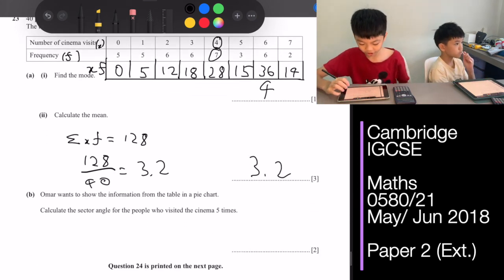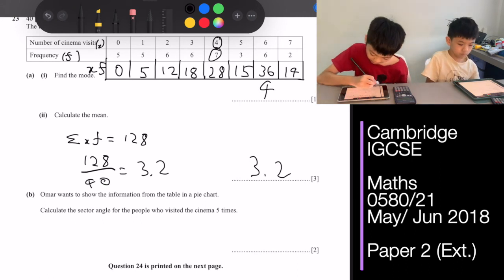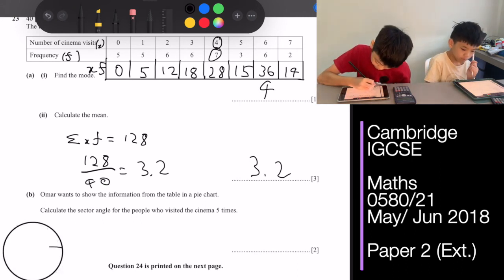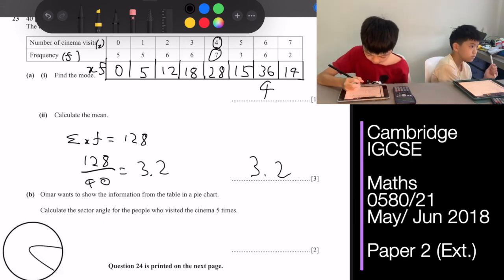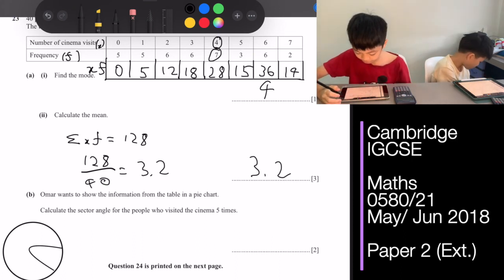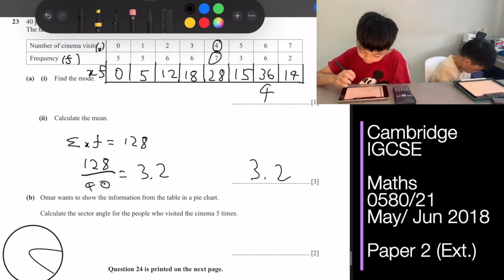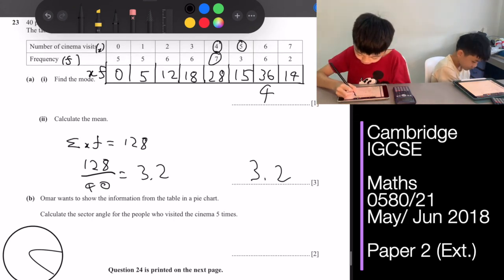Next, Omar wants to show the information from the table in a pie chart. A pie chart is this thing, the sector thing. Calculate the sector angle for the people who visited the cinema 5 times. Alright, so number of cinema visits is 5, so it's 3.